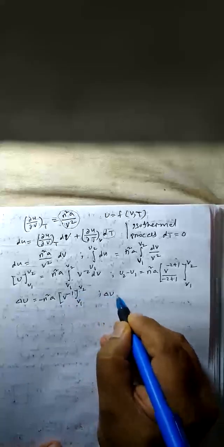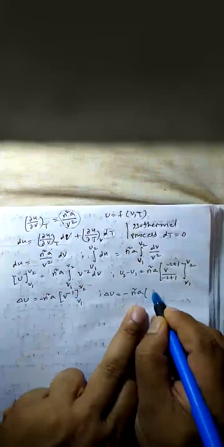Now delta U is equal to minus n² a, V to the power minus 1 means 1 by V. Then we get upper limit first, 1 by V2 minus 1 by V1. Again I derive this internal energy. It is same both in isothermal reversible process and isothermal irreversible process. Change in internal energy will be same.